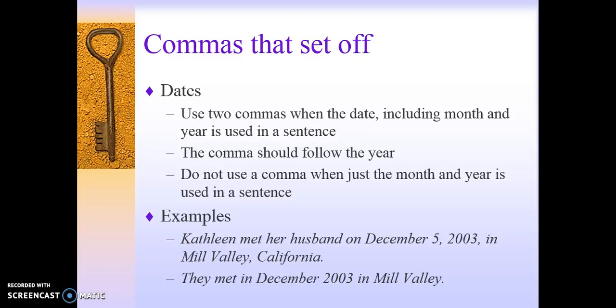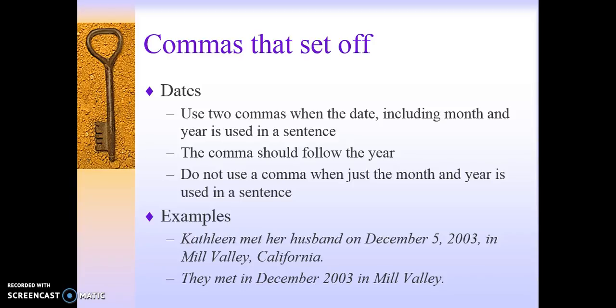Kathleen met her husband on December 5th, 2008, in Mill Valley, California. Here you have December 5th, comma, because we always put a comma after the day. And then because it's in the middle of a sentence, we are going to place the comma right after the 2008.